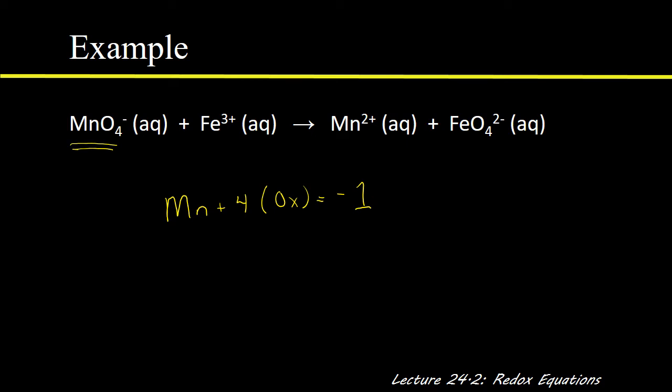Of these, oxygen is obviously the most electronegative, so it gets its preferred negative charge, which is -2. So manganese is +7.